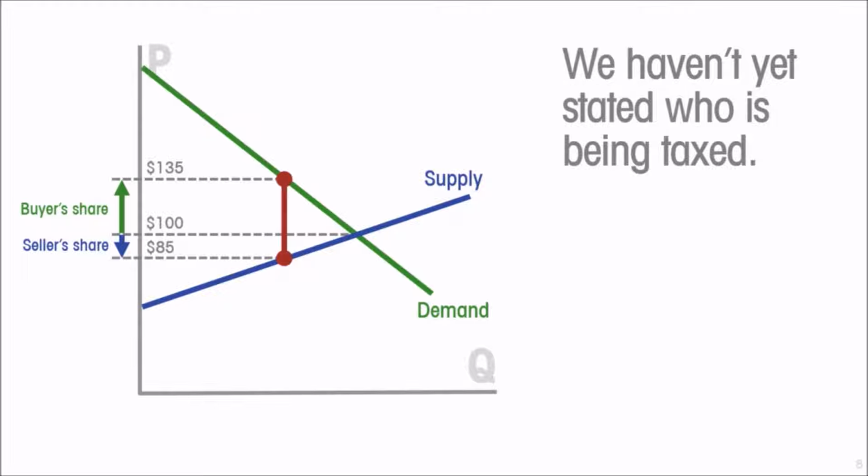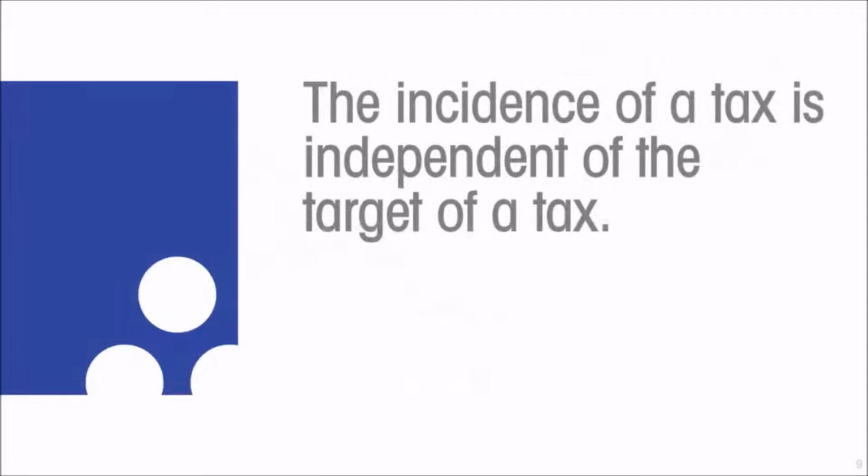Which brings us to the astonishing conclusion that the incidence of a tax is independent of the target of the tax, is independent of which side of the market is obligated to remit the tax to the authorities. This is an astonishing conclusion, and one that is not intuitive.